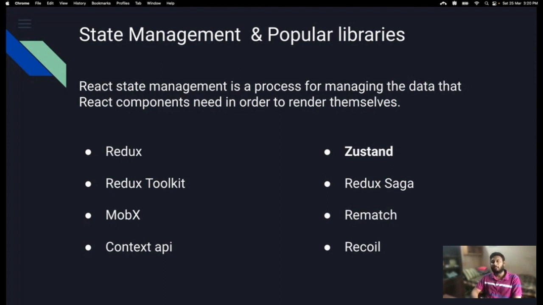In earlier applications, you kept all the state in the server, and every time you made a request, a new page was requested and data used to come along with the HTML. But nowadays everything is a single page application. You have to maintain, manage, manipulate everything, even including the DOM and all the stuff you do in the front end using JavaScript. Even to manipulate your HTML, CSS, everything, you do it with JavaScript.